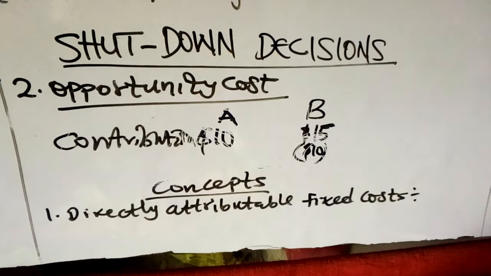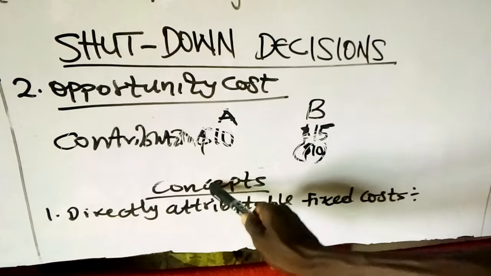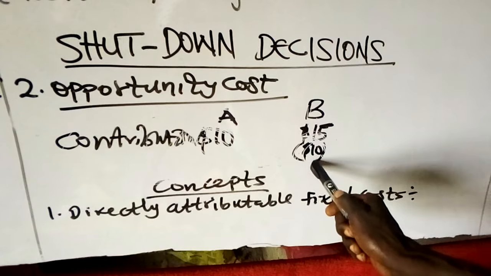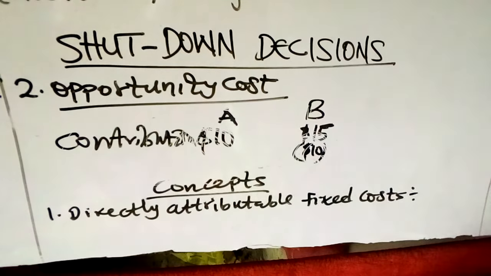Then the second scenario is where you want to divert labor from another project, which will lead to loss of contribution from that project, and use it to complete the project under consideration. If you divert labor from A to B, that will lead to loss of contribution from A. The opportunity cost of using that labor in B is the loss of contribution from A.